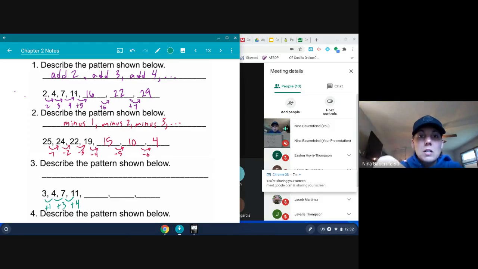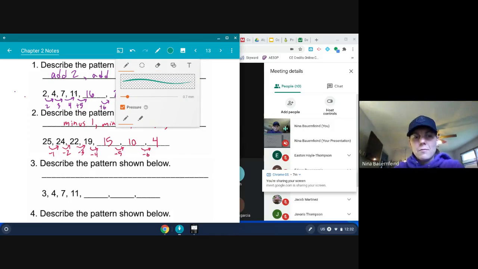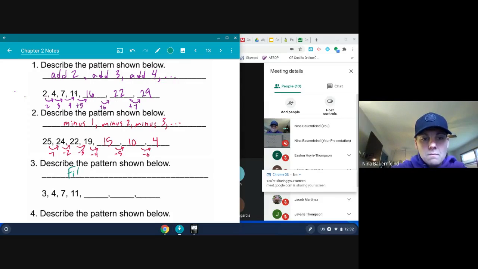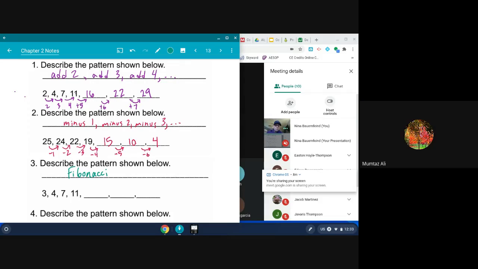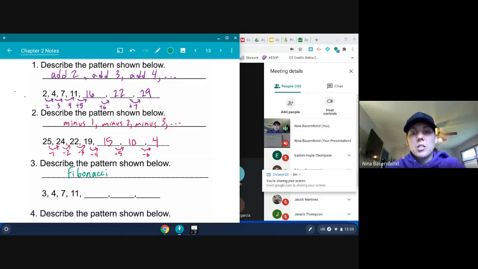But here is what I can tell you. If you check and it's going up, but it's not a consistent pattern for addition, and it's not perfect squares, chances are it's Fibonacci. What does that mean? Fibonacci is a man's name, his last name.